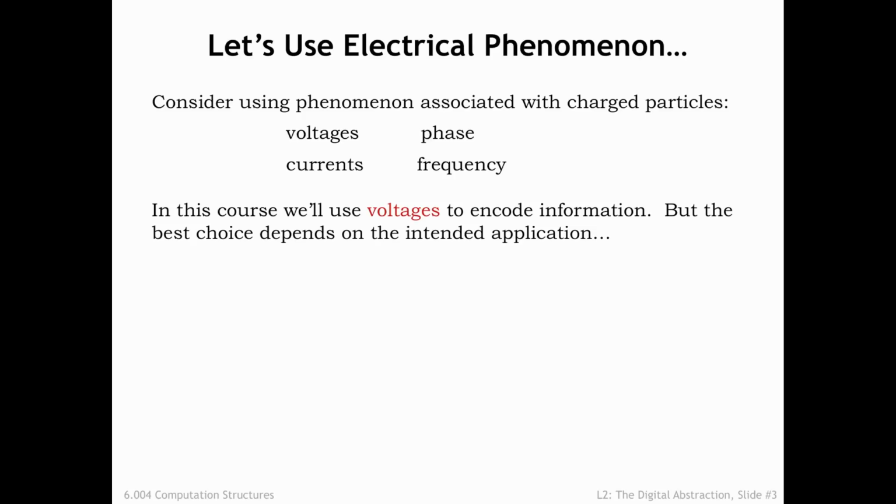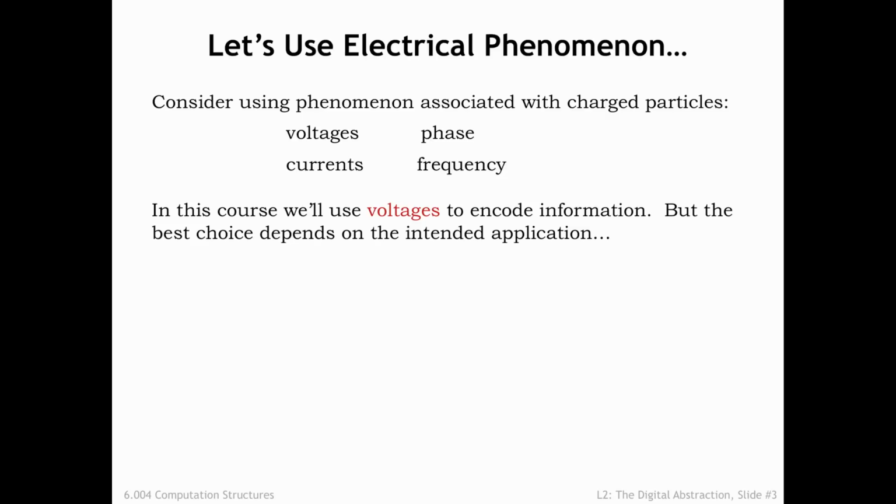The presence of charged particles creates differences in electrical potential energy we can measure as voltages, and the flow of charged particles can be measured as currents. We can also encode information using the phase and frequency of electromagnetic fields associated with charged particles. These latter two choices form the basis for wireless communication.